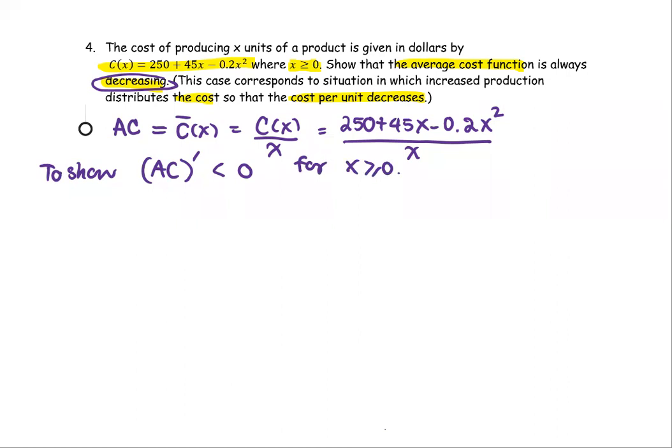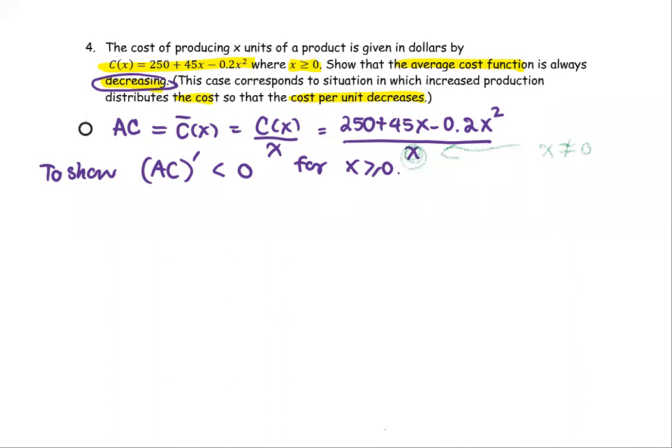First of all, since the AC is in rational form, divided by x, the denominator cannot be 0. That means x cannot be 0, so the domain will not include x equals 0.